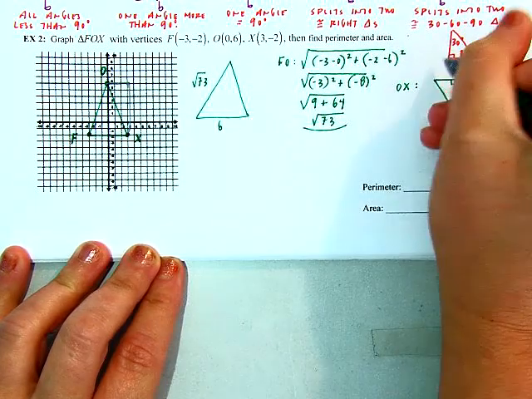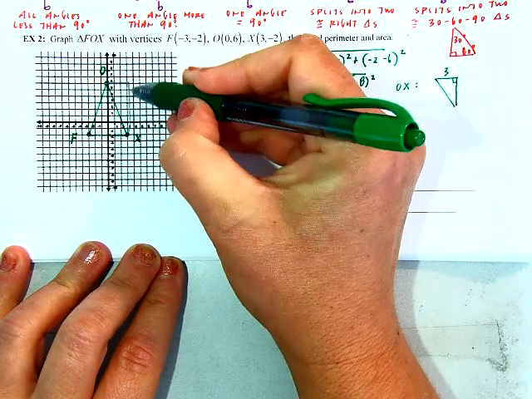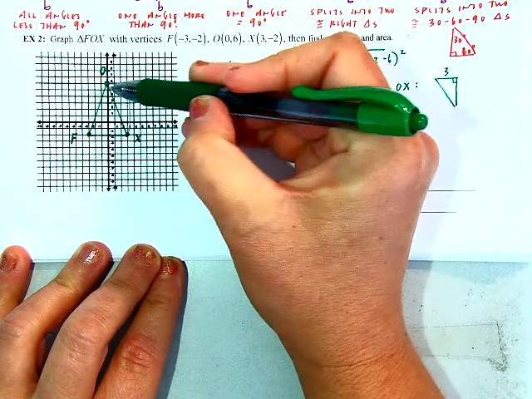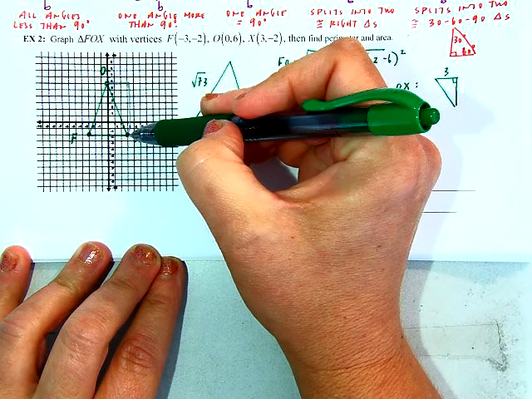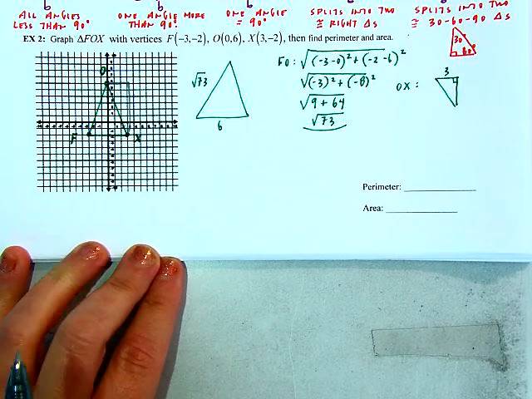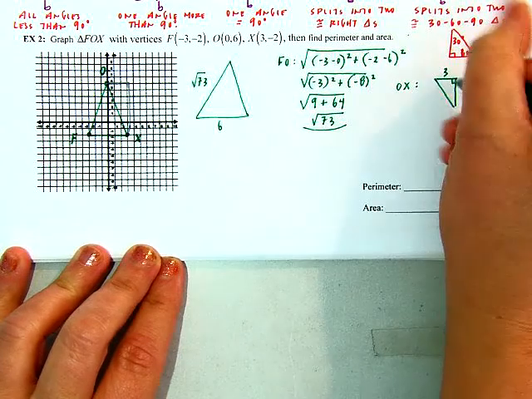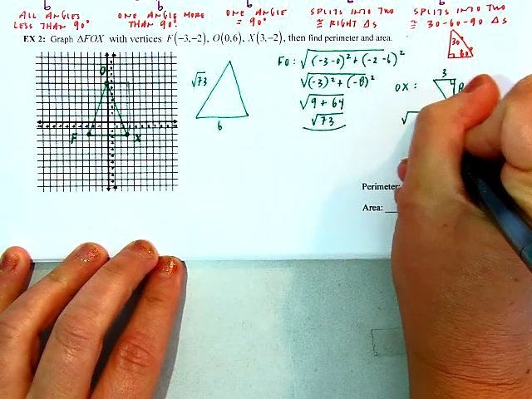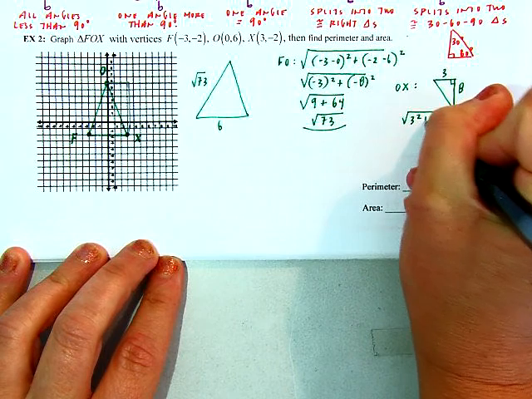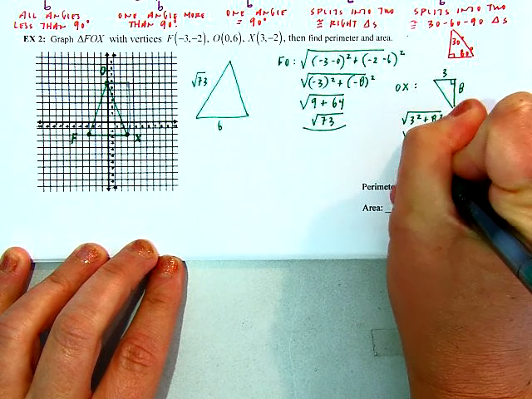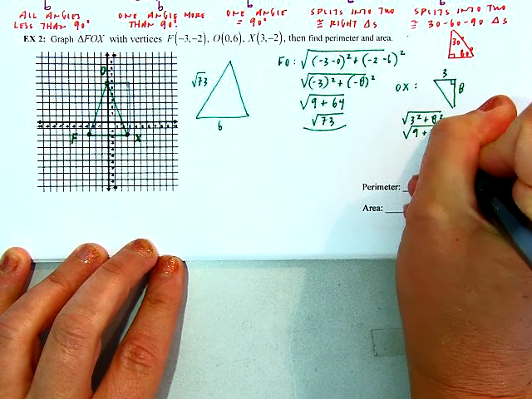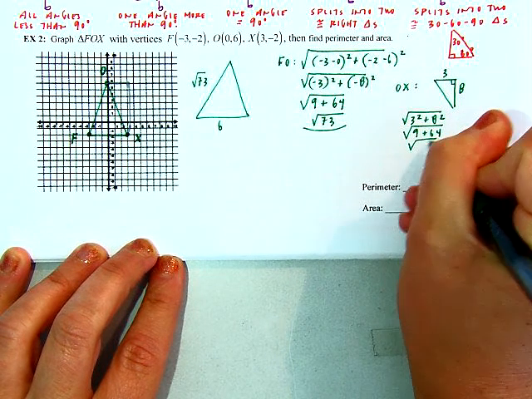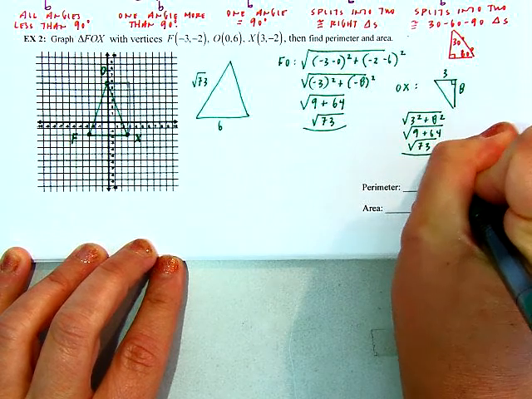That's 3 units. And then what's that vertical span? Here I was at 6, and down here I'm at -2. So I'm 8 units right there. So I can see, we'll take the square root of 3 squared plus 8 squared. Square root of 9 plus 64, I'm going to see the same number show up, that square root of 73.